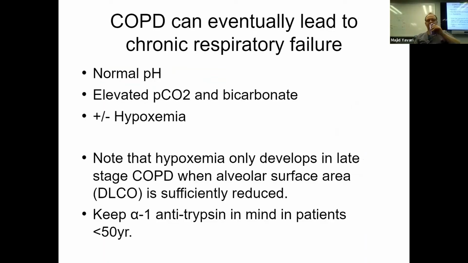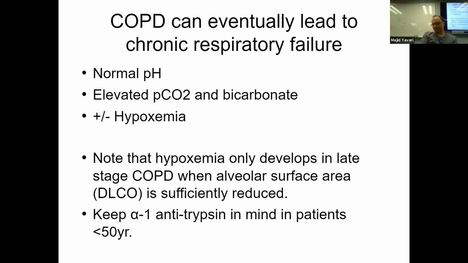Before we move on, we touched on the mortality benefit. Obviously, smoking cessation and treating hypoxia are, at least on the boards, the two main things that would reduce mortality. But I think last year there was a secondary analysis of the IMPACT trial that showed mortality reduction in people who have bad enough COPD, with FEV1 less than 50% and a history of hospitalization.